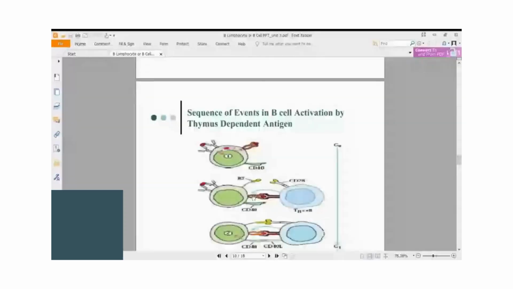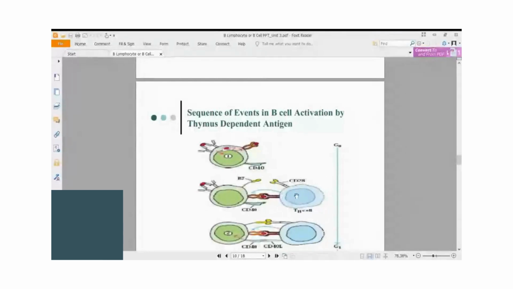Simultaneously, CD4 establishes contact with the B2 domain of the class 2 MHC. When these two establish contact, that will be signal 1 for the TH cell to get activated.